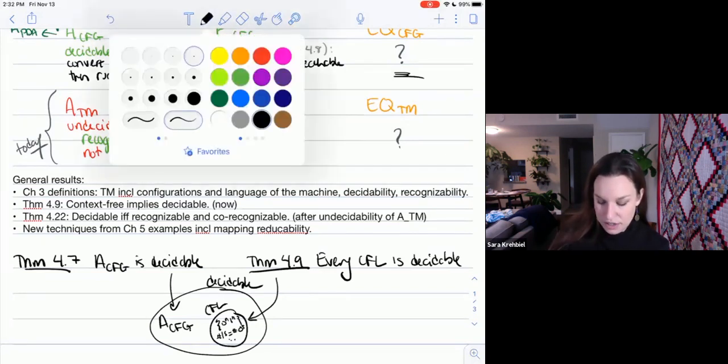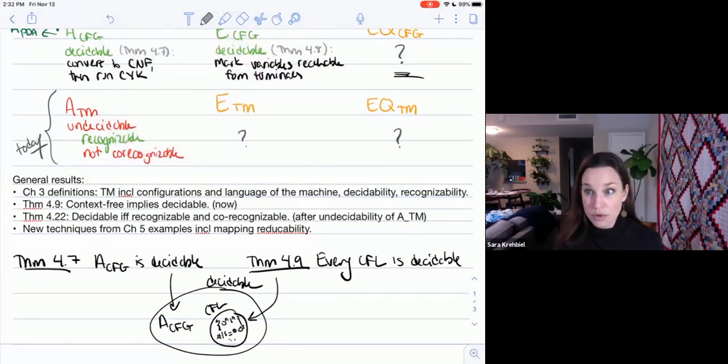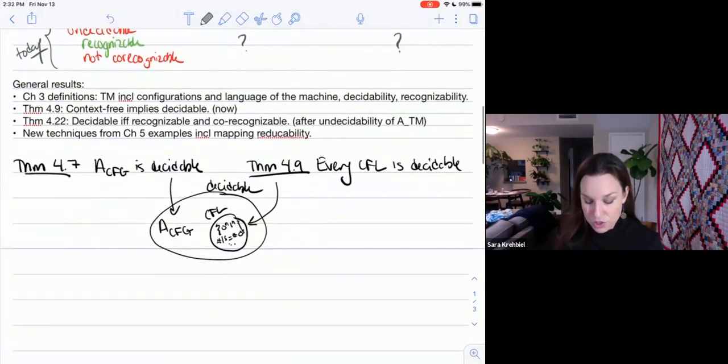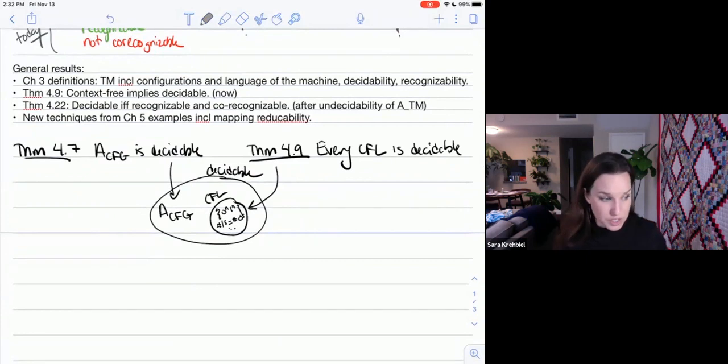So understanding it allows us to set up our proofs in the correct structure that actually proves the thing that we're trying to prove.